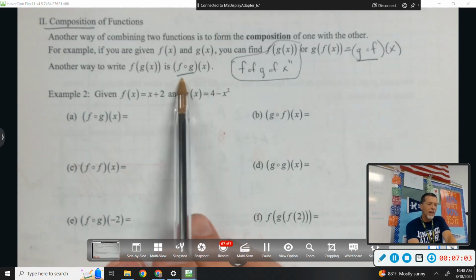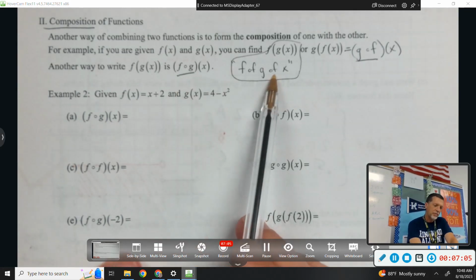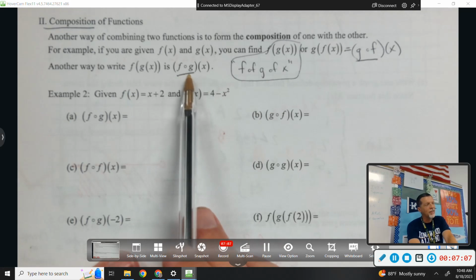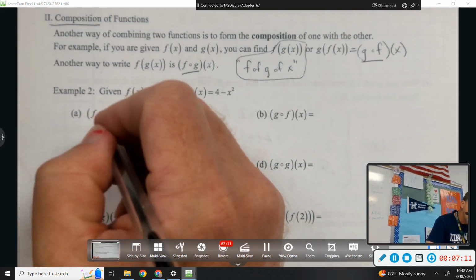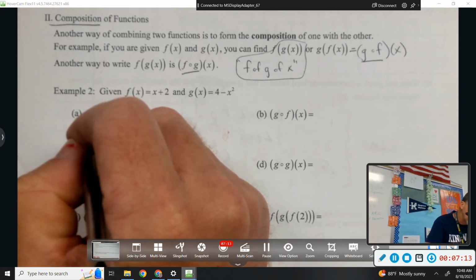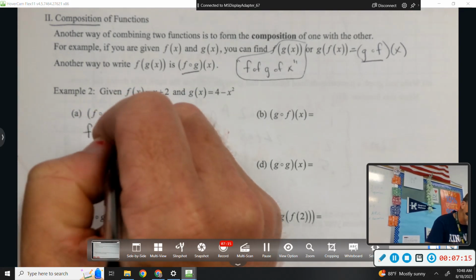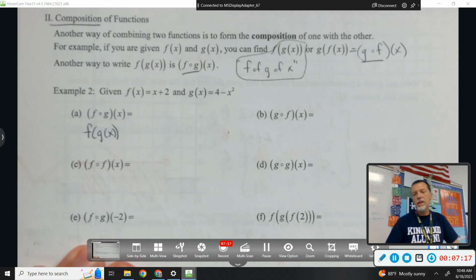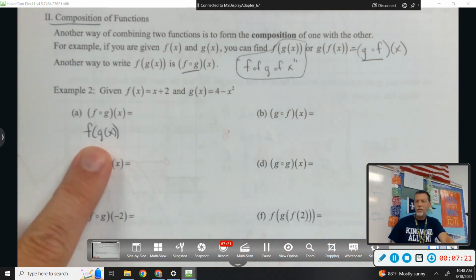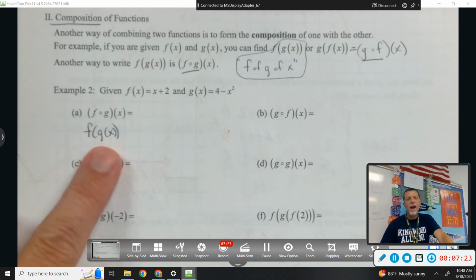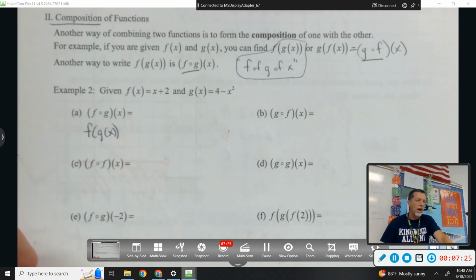I don't really like the Fogg and Goff notation because I think students get backwards as to what you do first. So whenever I see F-O-G or Fogg, I will change it to F of G of X, because most people don't get that backwards. They know that you got to work from the inside out. Like that's how you do math. Parentheses first and kind of work your way out.